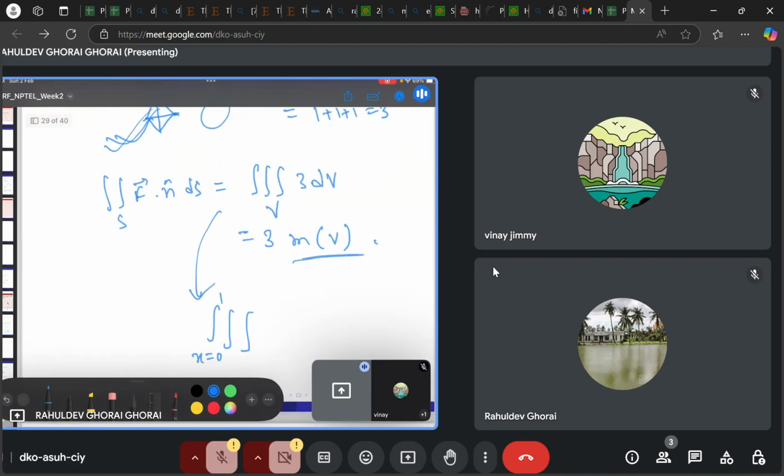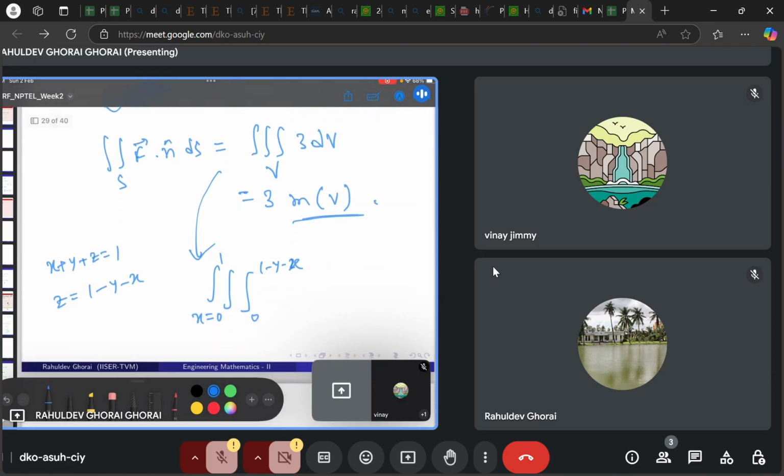So x from 0 to 1, and z will be 1 minus y minus x, so z from 0 to that. When you fix z, y has to go from 0 to 1 minus x, with dx dy dz. Three times, of course, is there.